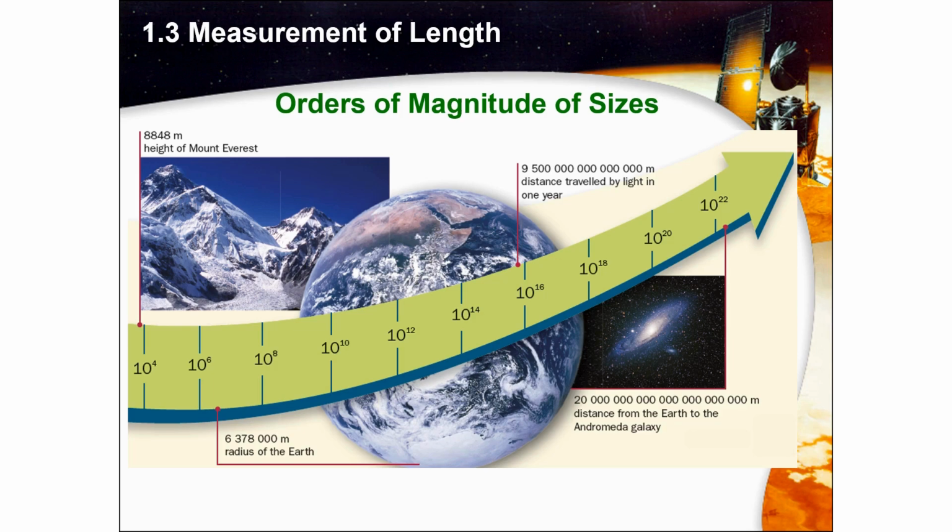But the biggest one is still 10 to the power of 22. So it is 2 times 10 to the power of 22, the distance from the Earth to the Andromeda galaxy. So if you study physics later, you will find some good and nice information about astronomy, which will be very interesting.